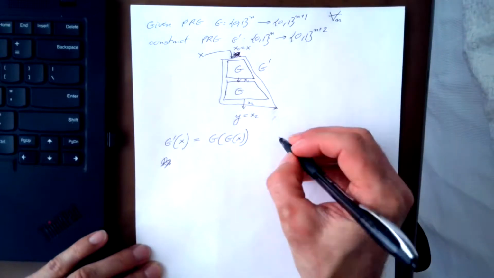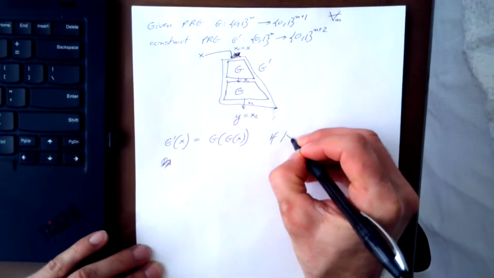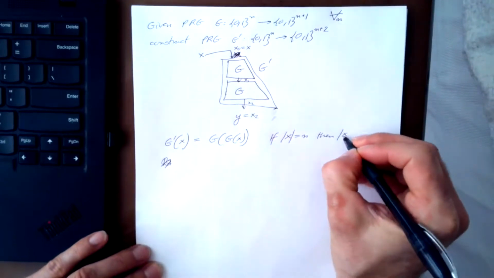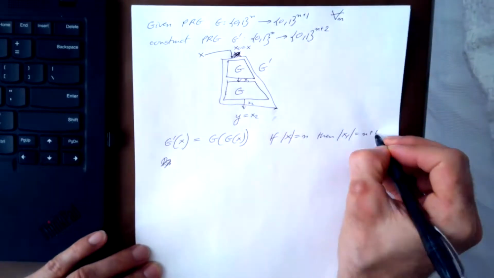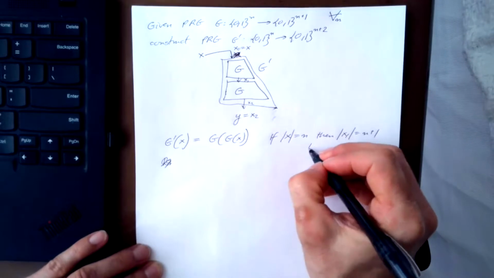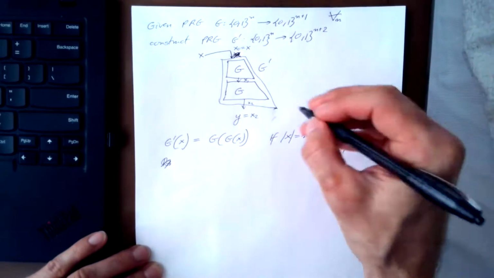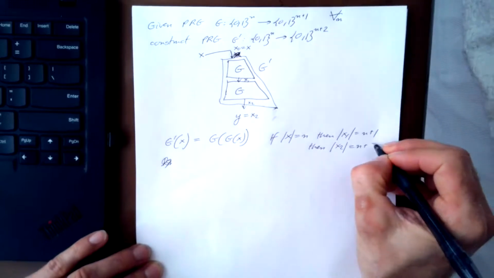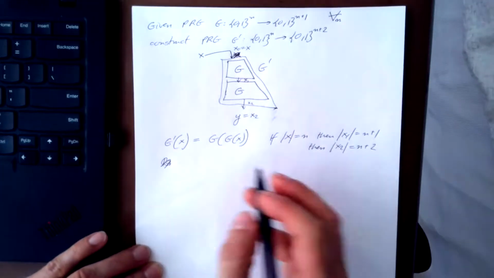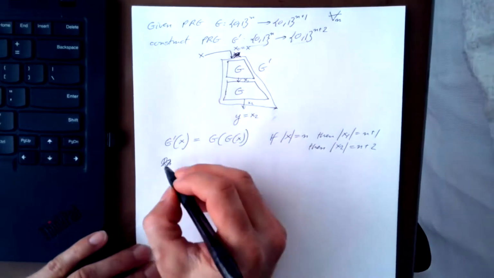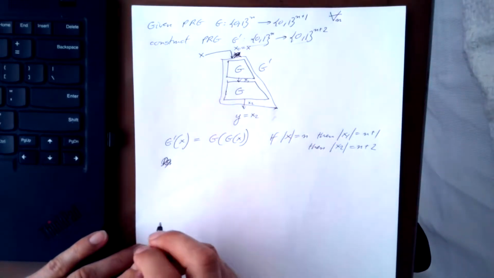Syntactically this is the case, right? If the length of x is n, then this intermediate variable will have n plus 1 bits, and therefore the second variable will have one more, so it's n plus 2. So we're good. Syntactically, we map n bits to n plus 2. So far so good.